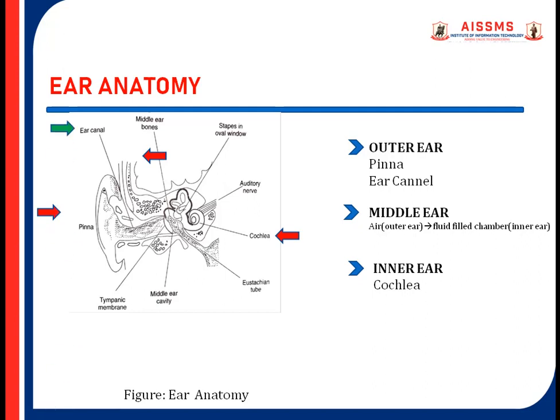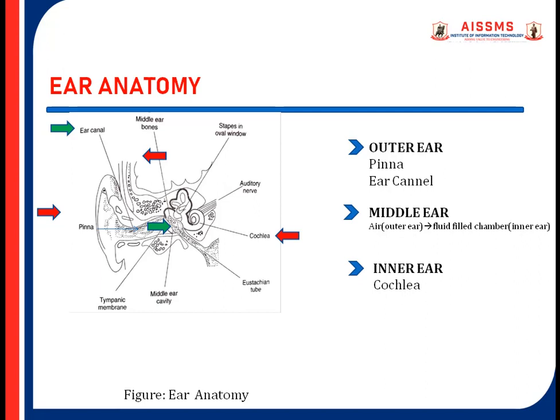Sound waves enter the outer ear and travel through a narrow passageway called the ear canal, which leads to the eardrum. The eardrum vibrates from the incoming sound waves and sends these vibrations to three tiny bones in the middle ear. These bones are called the malleus, incus and stapes.